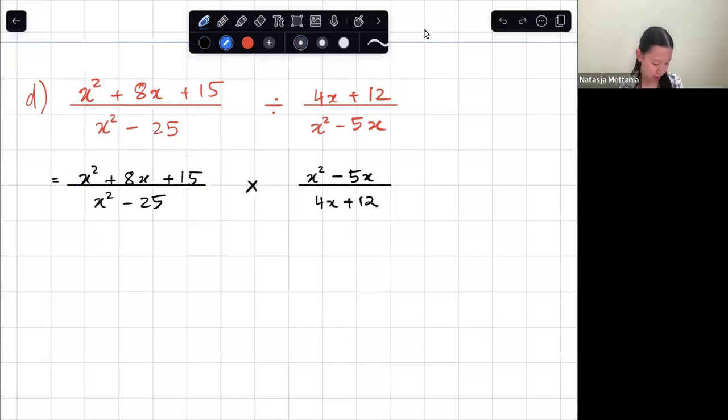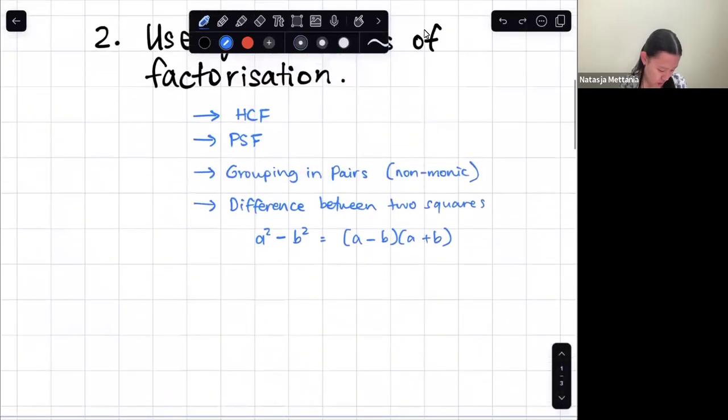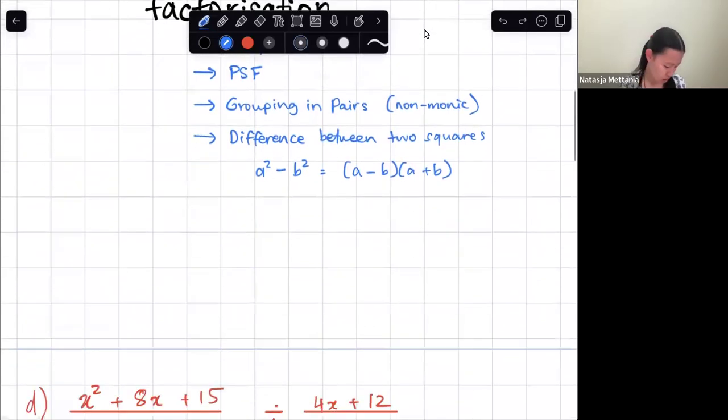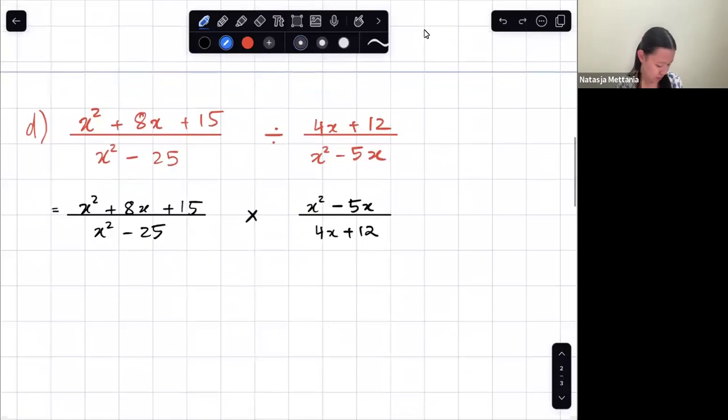I've got x squared plus 8x plus 15. What methods of factorization should I use? If I look up here, I can use HCF, PSF, grouping in pairs, which is for non-monics, and difference between two squares. I can't use HCF because there's nothing in common.